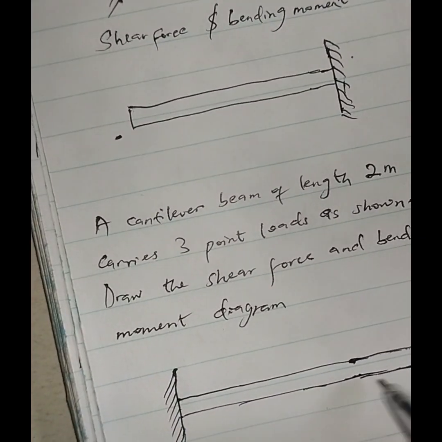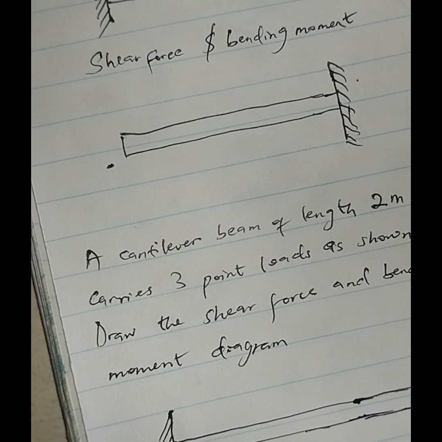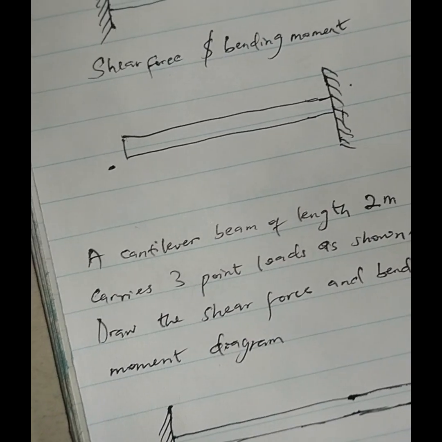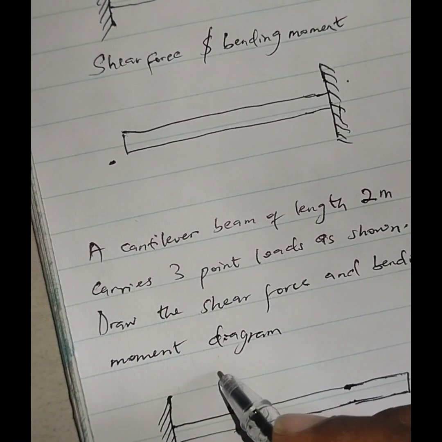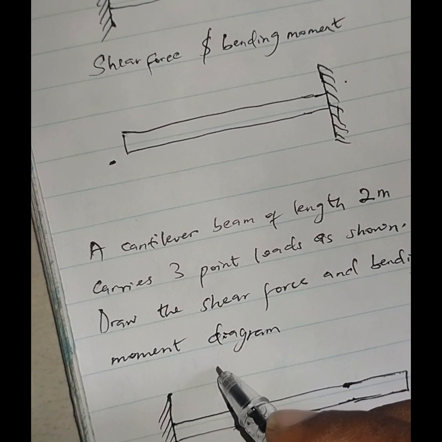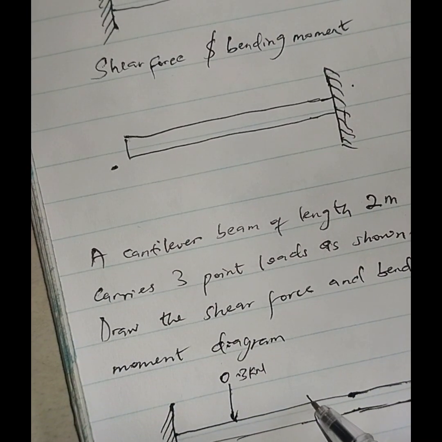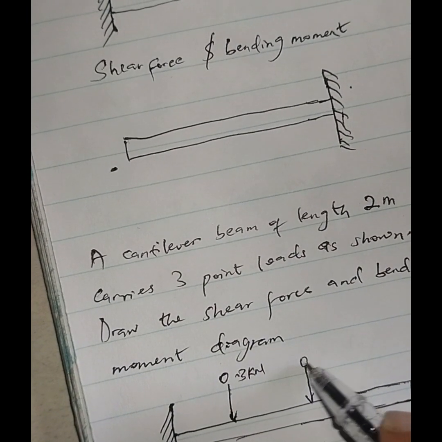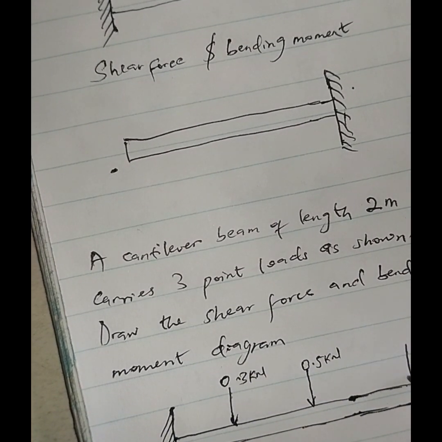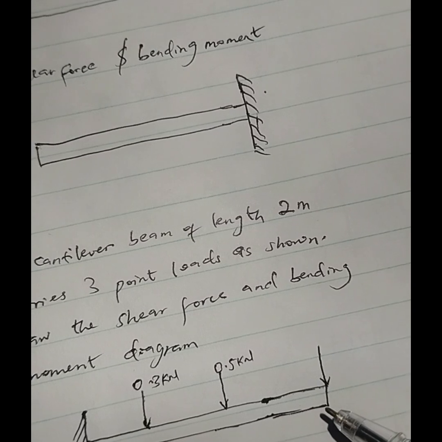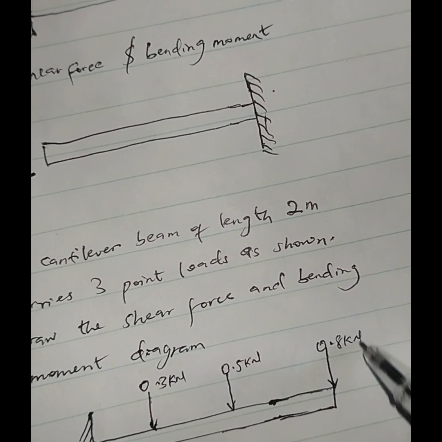So now the total length of the cantilever is 2 meters. It carries 3-point loads. This is 1-point load here, 0.3 kilonewton. There's another point load here, 0.5 kilonewton. Then one at the end, we have 0.8 kilonewton.